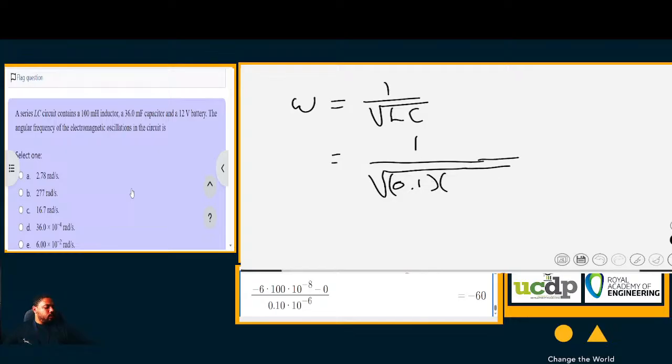And then, of course, we must multiply that by the capacitance, which in this case is 36 microfarad.